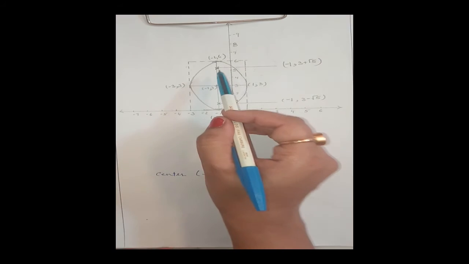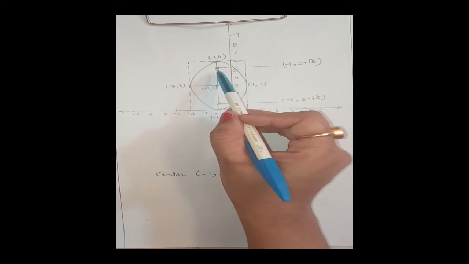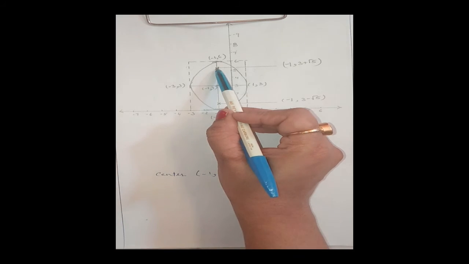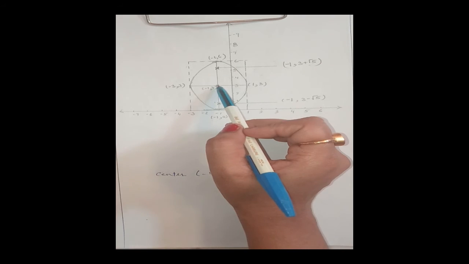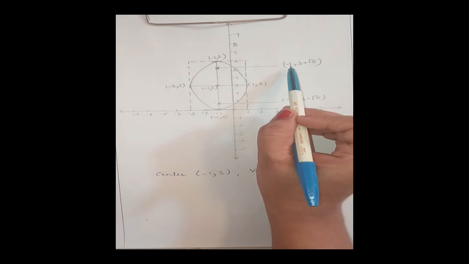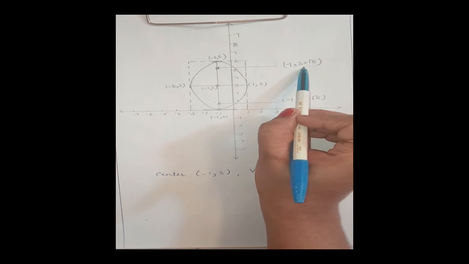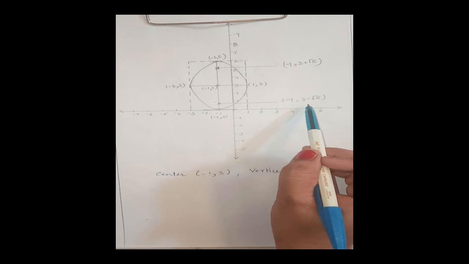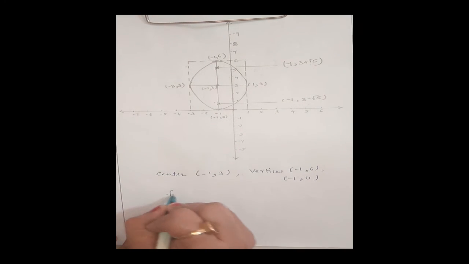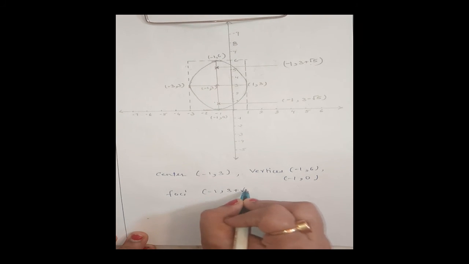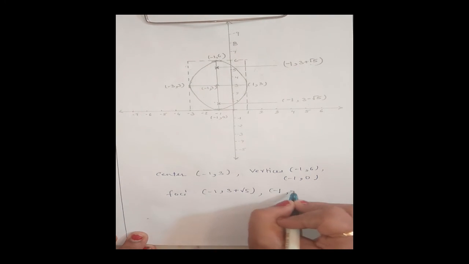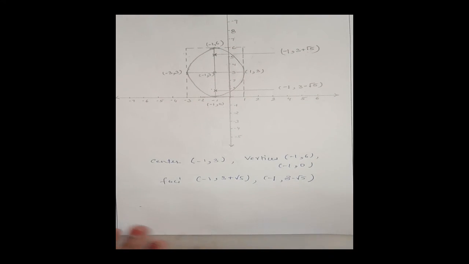Now foci are c units up and c units down along the major axis, and c is root 5. So c units up, that is (minus 1, 3 plus root 5), and (minus 1, 3 minus root 5). So foci will be (minus 1, 3 plus root 5) and (minus 1, 3 minus root 5), along the major axis.